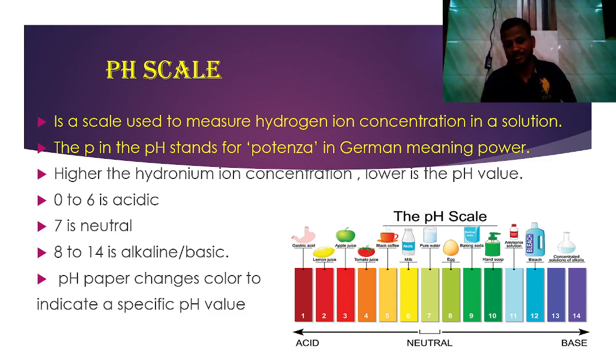If you put the pH paper in the solution and take it out, it changes color. If we match the changed color to the pH scale, we can identify whether the substance is an acid or a base. Okay, I hope you are getting my point.